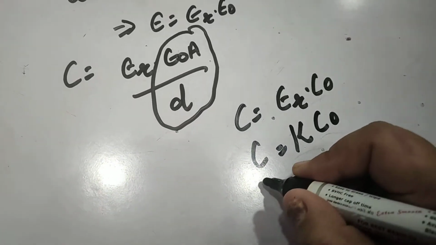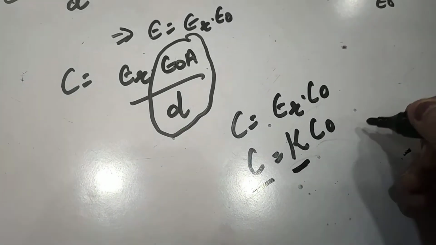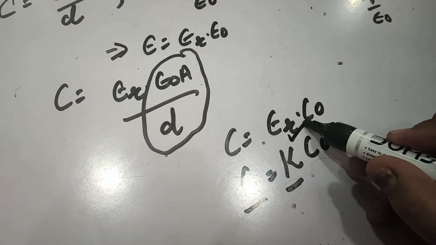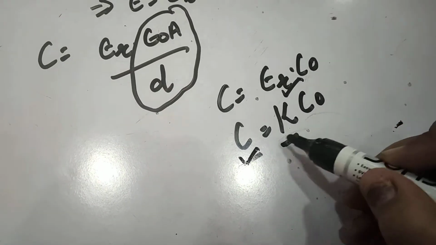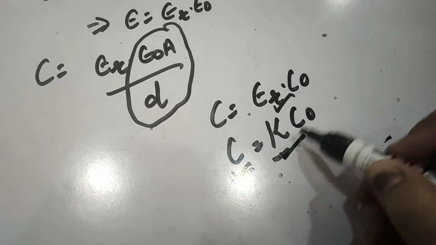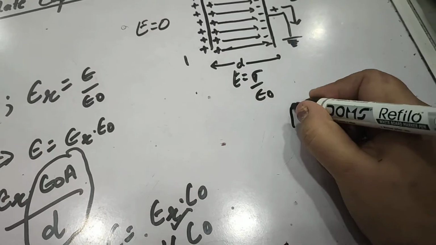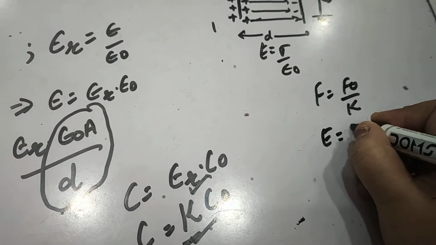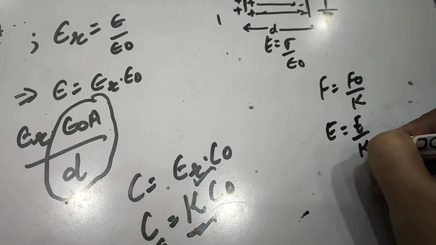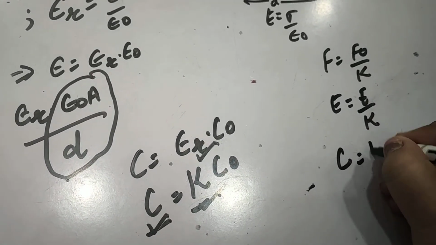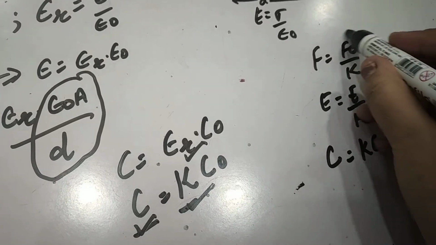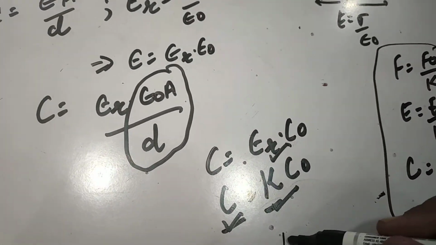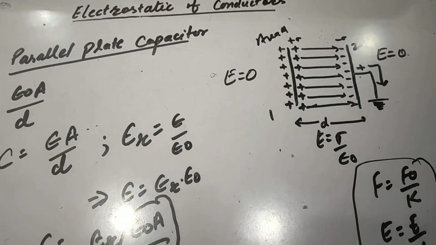So we can say, by introducing any medium in between the plates of the capacitor having dielectric constant K, its capacitance increases by factor K. Just have a recapitulation: force decreases by factor K, electric field decreases by factor K, but capacitance increases by factor K, right? So this is the effect of the dielectric medium in between the plates of the capacitor.